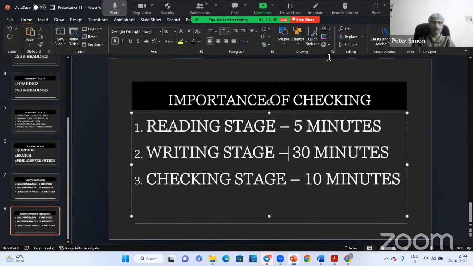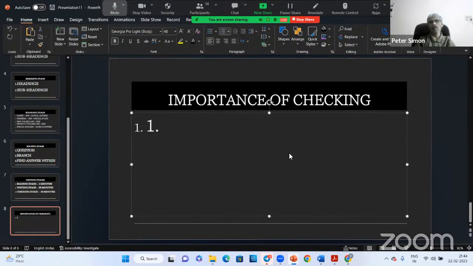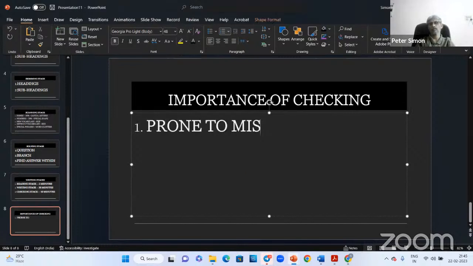Importance of checking. Number one, prone to mistakes. Every sentence might have a mistake. Don't be overconfident. Even I do mistakes.